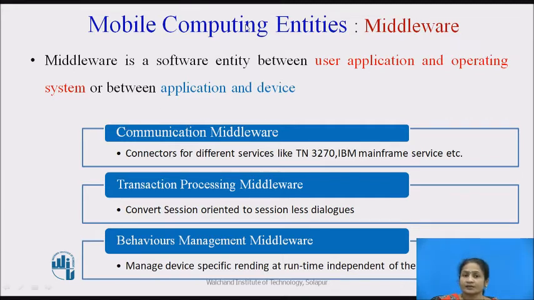These middlewares are classified into three types: communication middleware, transaction processing middleware, and behavior management middleware. Communication middlewares are connectors of different services like TN 3270, IBM mainframe service, etc. Transaction processing, as we just told, is session oriented or sessionless, depending upon the devices and the type of services you are using.